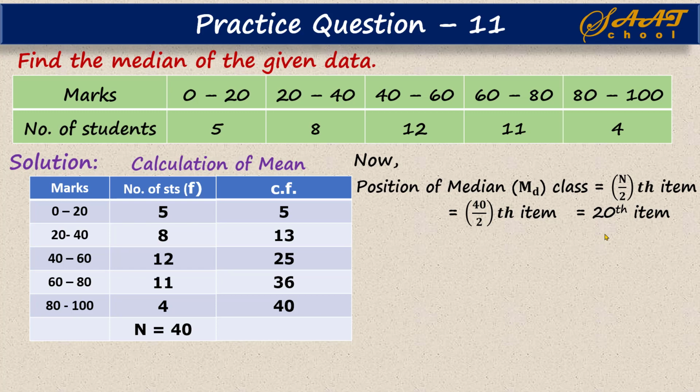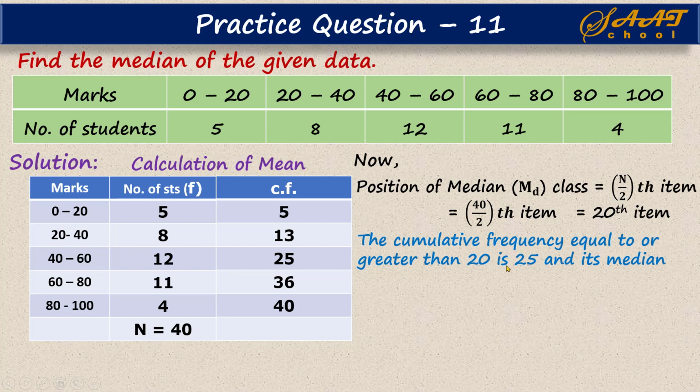To find it, we take the help of the cumulative frequency. We look for the cumulative frequency which is either equal to 20 or greater than 20. So the cumulative frequency equal to or greater than 20 is 25.